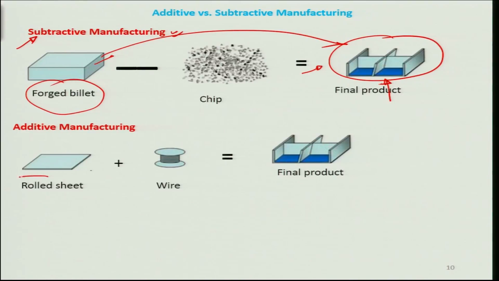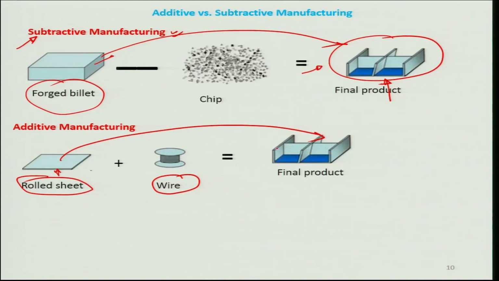So you have a small base rolled sheet which is to be built upon, and for building up you are using a wire, and you are trying to melt the wire and deposit it locally on top of this rolled sheet, so that from this initial shape you can have a final product.